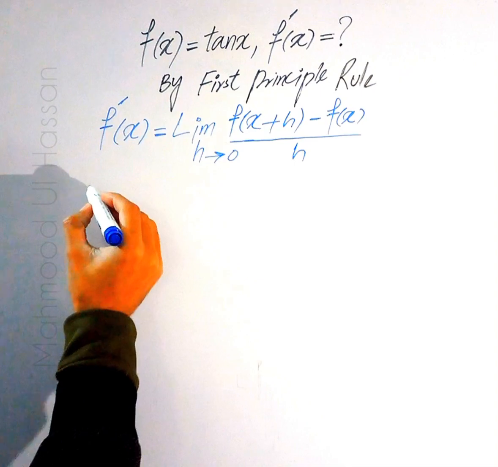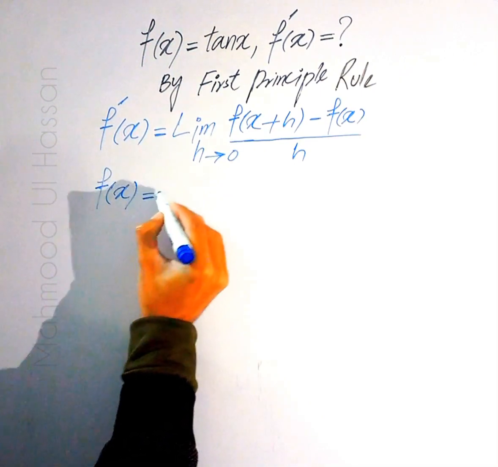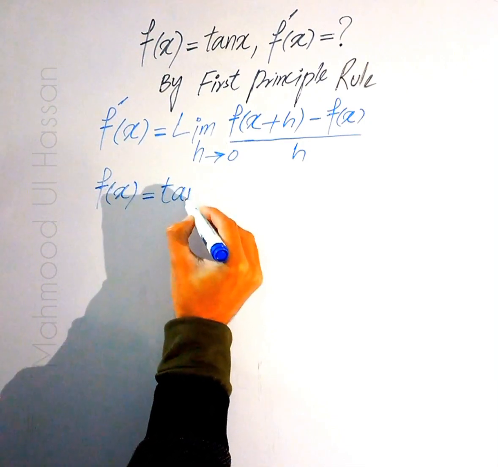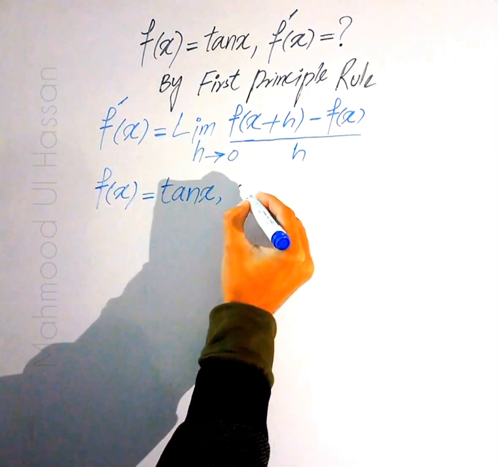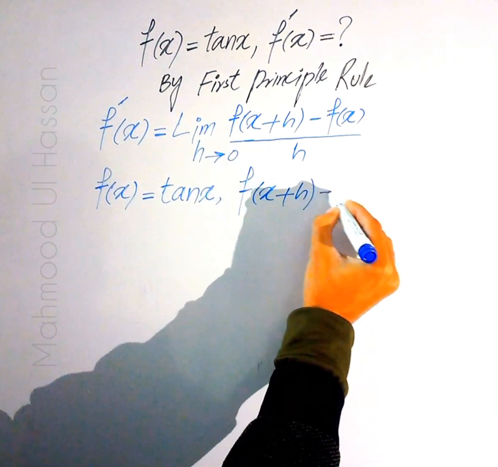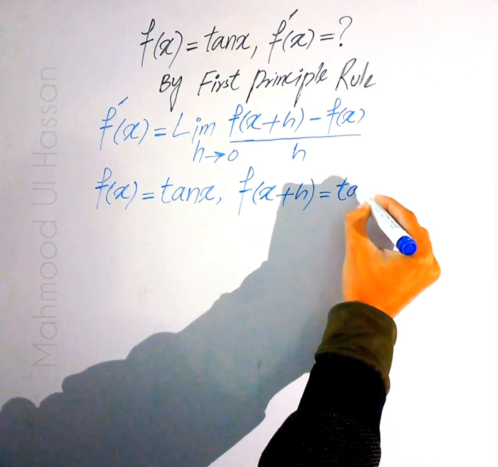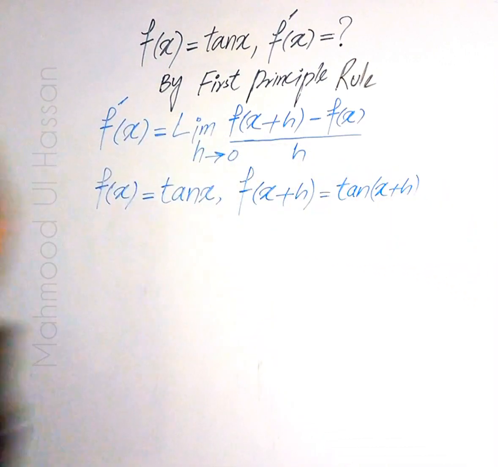So given that f of x equal to tangent x, replace x by x plus h, we get f of x plus h, which is tangent of x plus h. Is it clear?